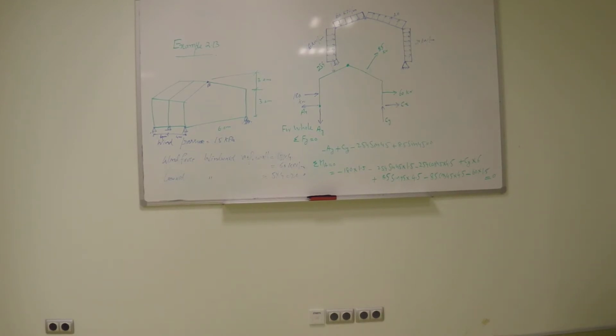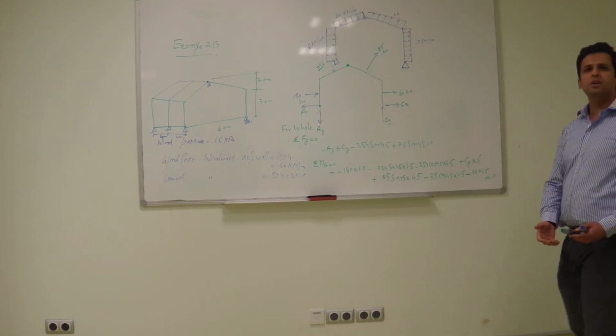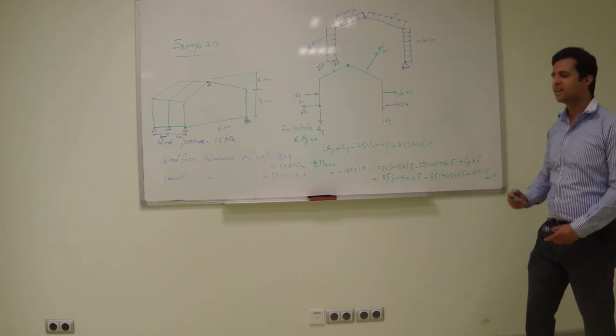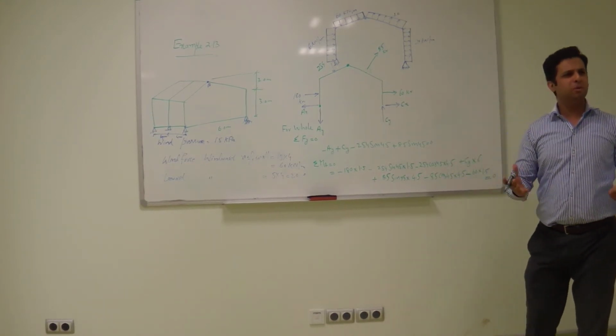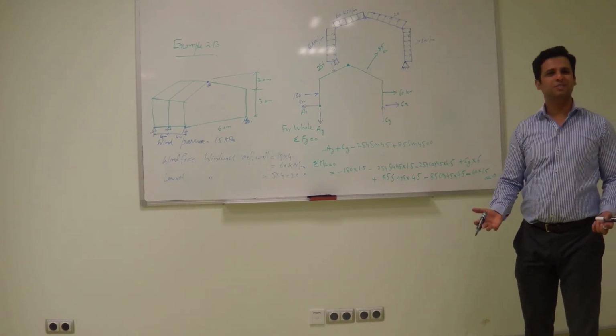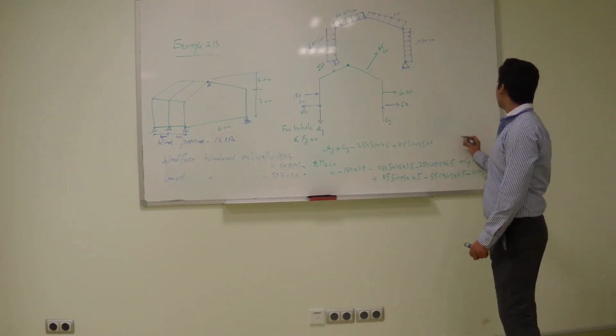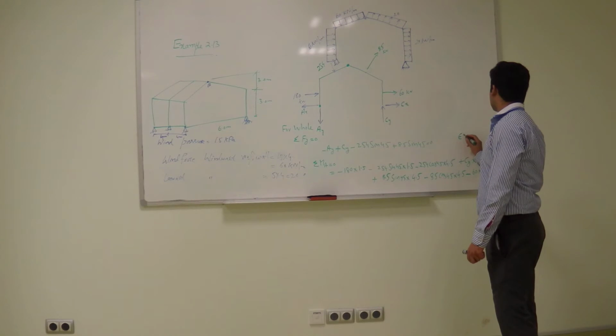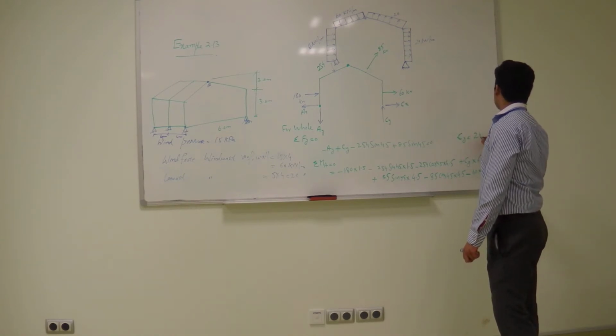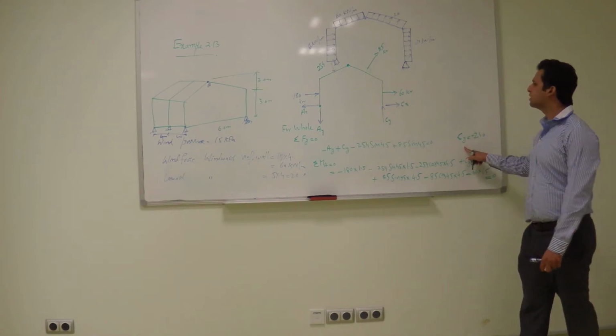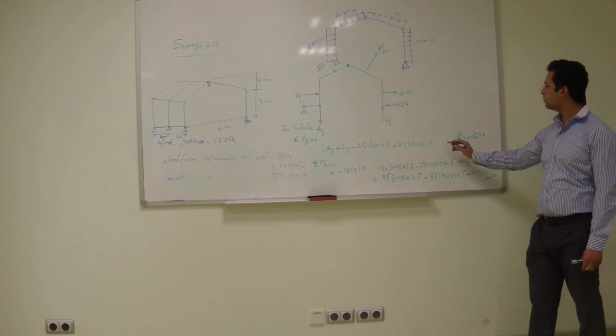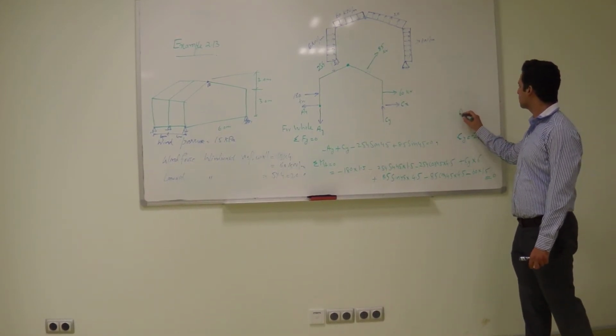Positive 240. It's fine. So why are you so worried? CY is positive, so let's see. If CY is 240, how much will be AY?